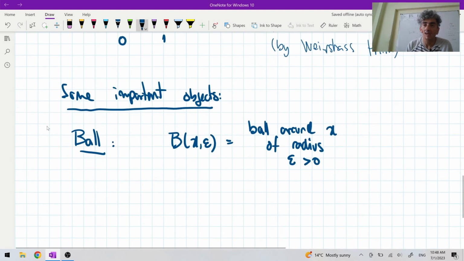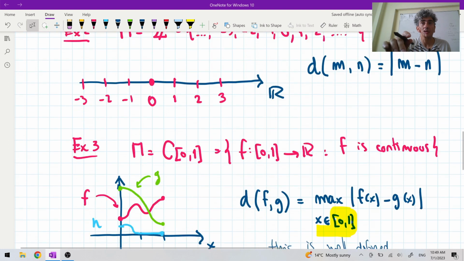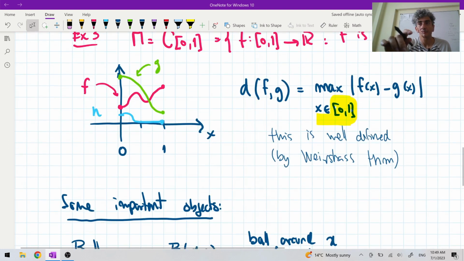And this is described as the set of elements in M such that the distance to x is less than epsilon. Okay, so this is a fundamental object in this theory. Obviously, in each example, balls look different. How do balls look?